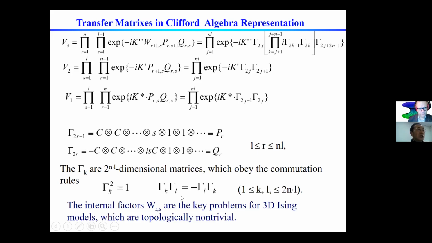If we interchange the position of gamma matrices, we get an additional negative sign. So this makes trouble for exact solution because it always generates the negative sign. So the internal factor W is the key problem for the 3D Ising model, which is topologically non-trivial.